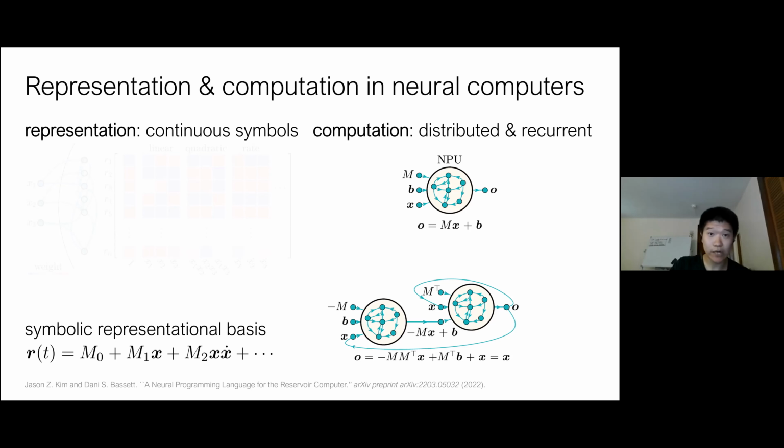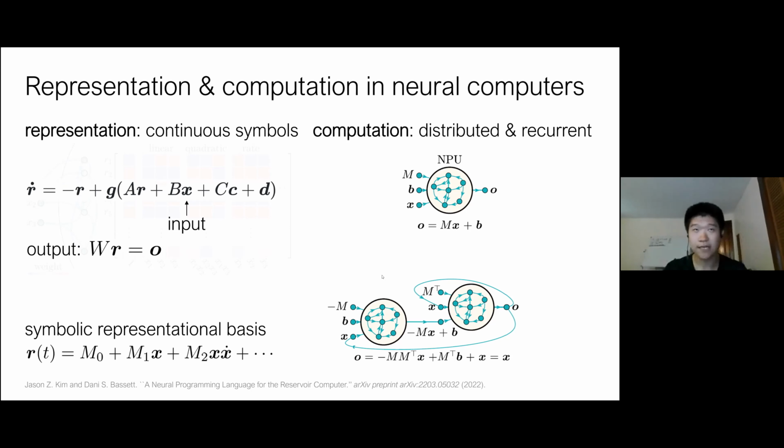And so this equation is going to try to set the equation for the gradient of the least squares norm to 0. What this feedback looks like is, if these are our base neural network equations, where X is the input and WR is the output, and we've programmed W such that the output is this complicated expression, then we're just going to set the output equal to X, and then we get feedback.